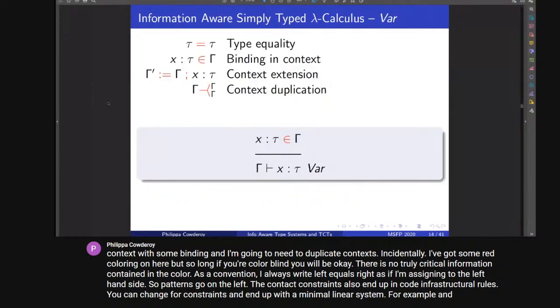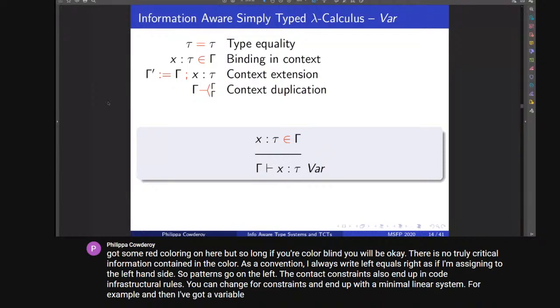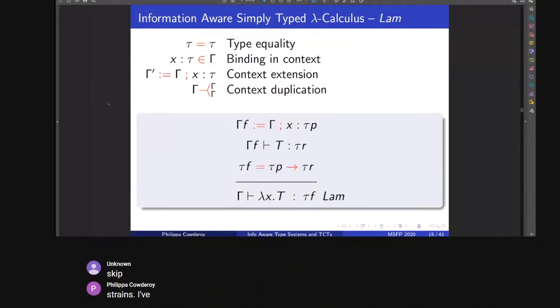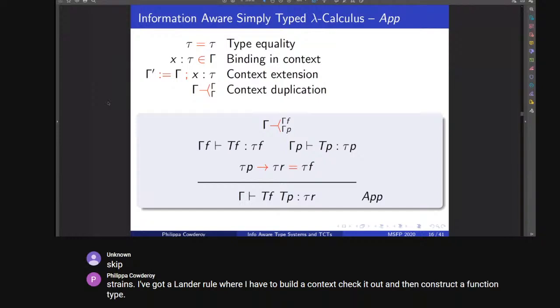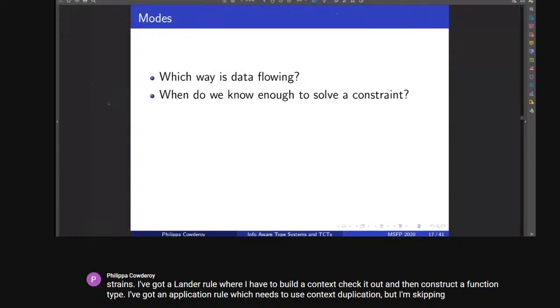And then I've got a variable rule which uses the binding in context constraints. I've got a lambda rule where I have to build a context, check it out, and then construct a function type. I've got an application rule which needs to use context duplication, but I'm skipping past those a little bit into modes for the sake of time, and we'll go through those again.